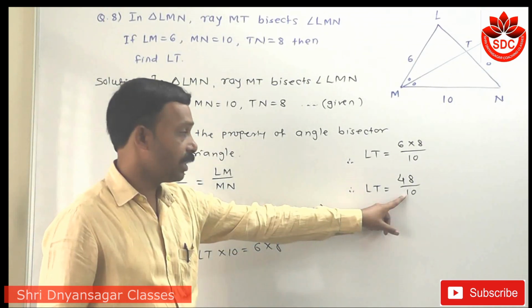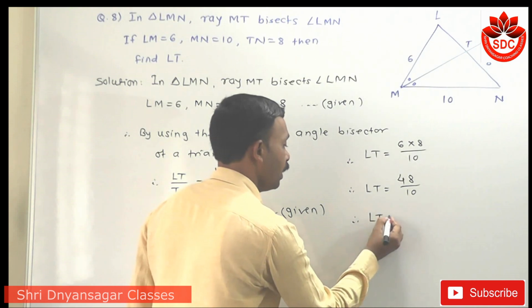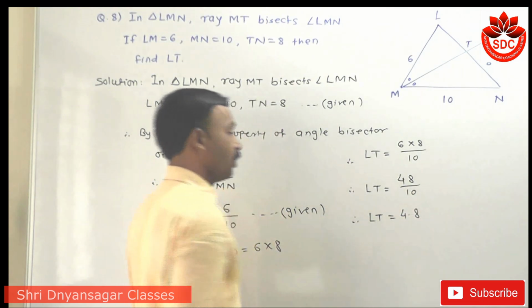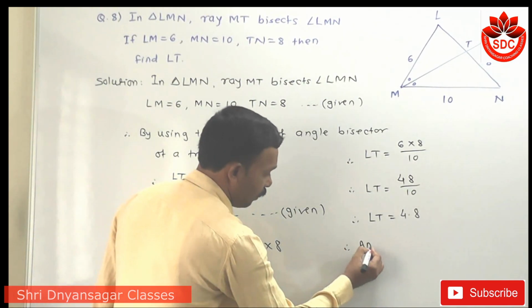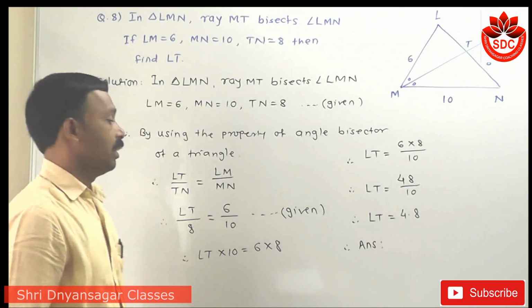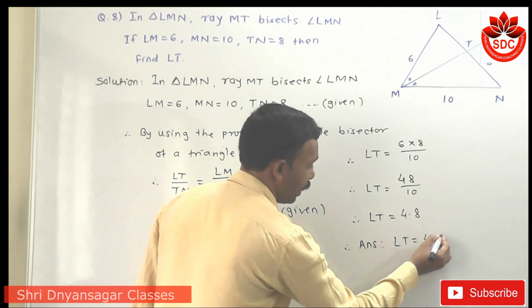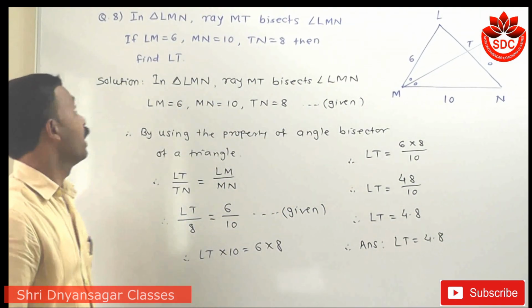When we simplify, after one digit there is a decimal point, so LT is equal to 4.8. Therefore the answer in a full sentence is LT is equal to 4.8. This is our question number 8.